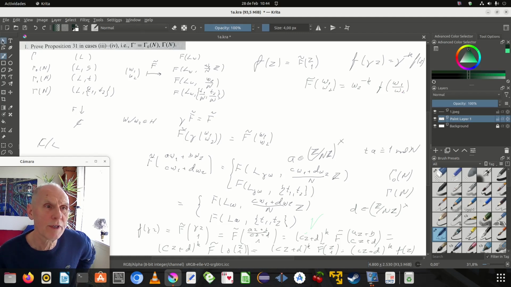And that's where we need omega 1 divided by omega 2 to lie in h. That will of course lead to f tilde being invariant under gamma, in the same group as f is.